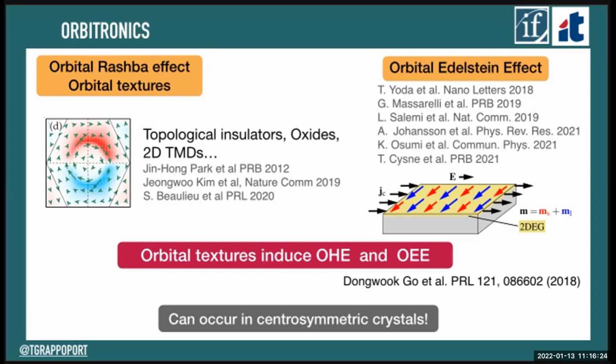And both the orbital Hall effect and the orbital Edelstein effect are results of the existence of these orbital textures. But there is an important difference between what we see in spintronics and these orbital textures, because these effects can occur now in centrosymmetric crystals, which is not the case of spin textures, which depend on having a non-centrosymmetric material.